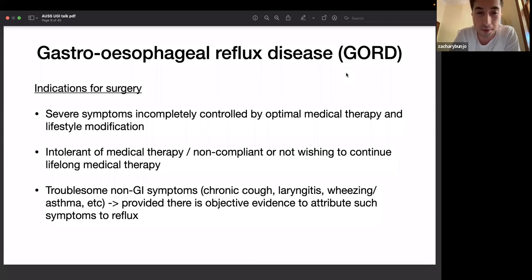Similarly, if they've got troublesome extra-GI symptoms, along with objective evidence that reflux is a culprit of those manifestations, then reflux surgery can be considered.